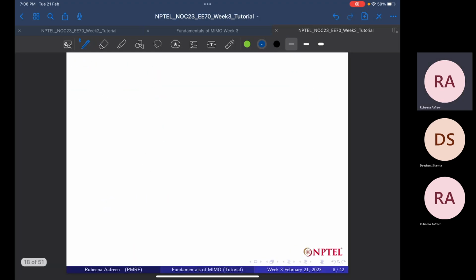One more important point is that there is some relation between the Rician and Nakagami factors.